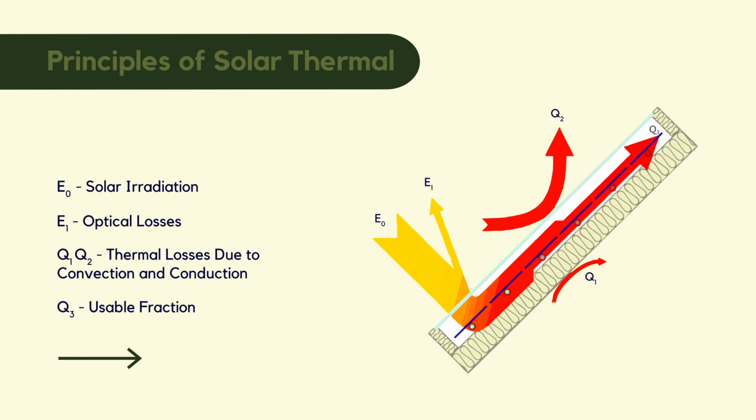And from the absorber plate, by means of a fluid flowing through the pipes of the absorber, we can then collect a certain amount of energy. This is then the so-called usable fraction. Additionally, we also have losses by means of convection and conduction.